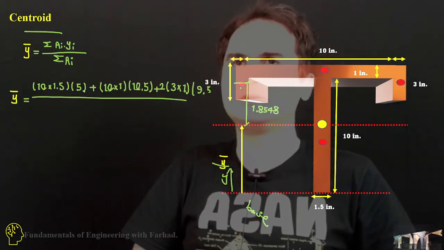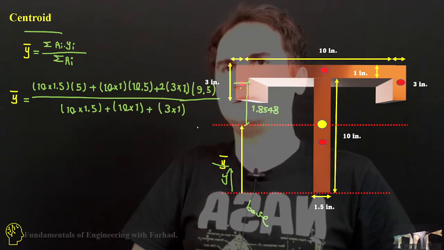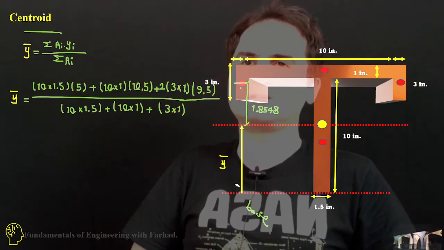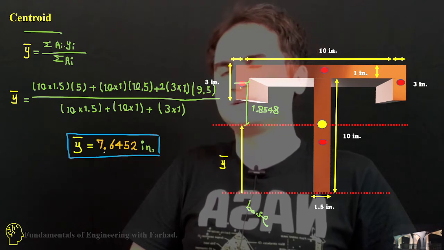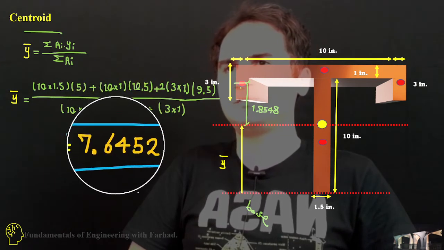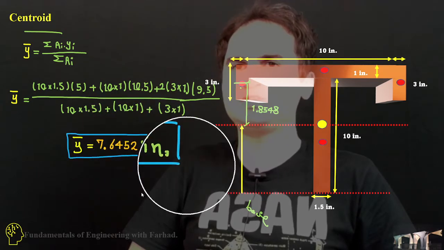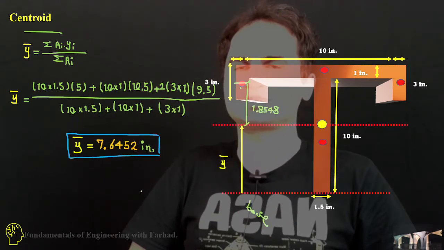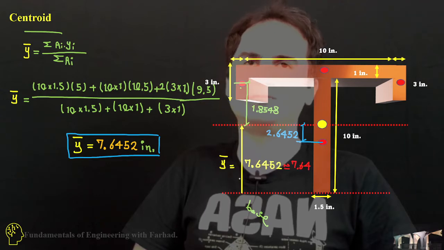If you do so, it gives us y bar is 7.6452 inches from the bottom of the section. So that gives us a numeric value of the centroid.